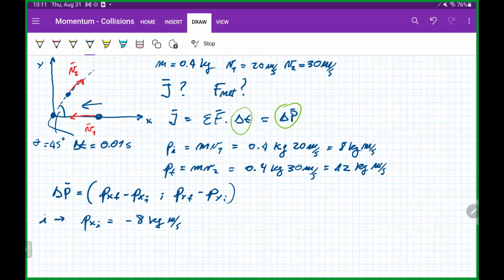So that will give us a negative initial velocity. So it's pointing to the left, and so that component should have a negative sign. And we have pyi equal to simply 0 because we have a motion that is taking place only on the x-axis. Is that clear? Any questions about that?